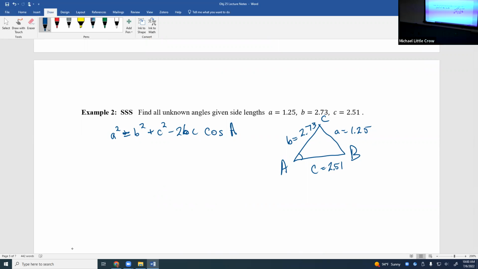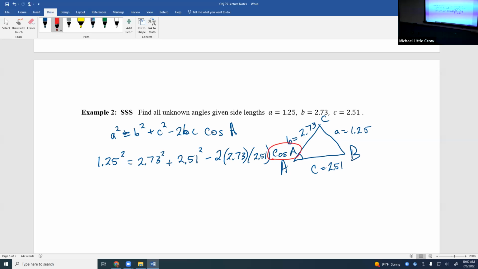So plug in our values: 1.25 squared equals 2.73 squared plus 2.51 squared minus 2 times 2.73 times 2.51 cosine of A. As you see, it's very complicated.